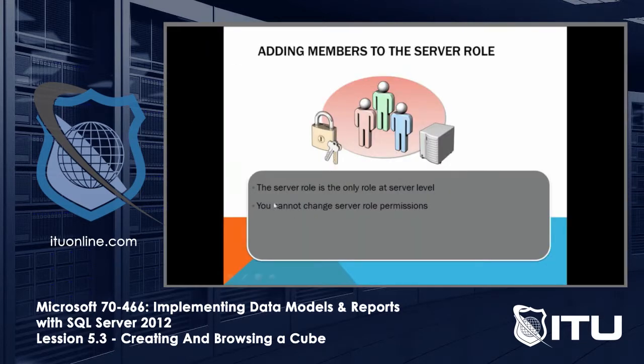When we add members to the server role, it is the only role at the server level. You cannot change server role permissions, nor can you change the role itself. It cannot be disabled. We're talking about SSAS specifically, SQL Server Analysis Services instances specifically.